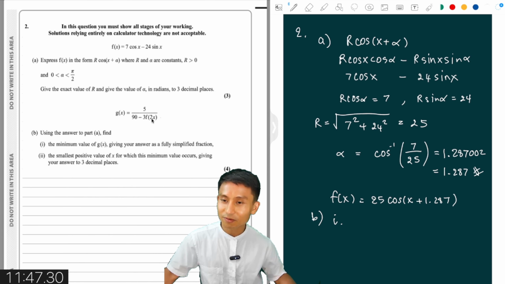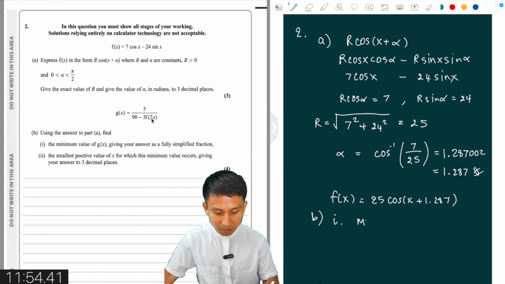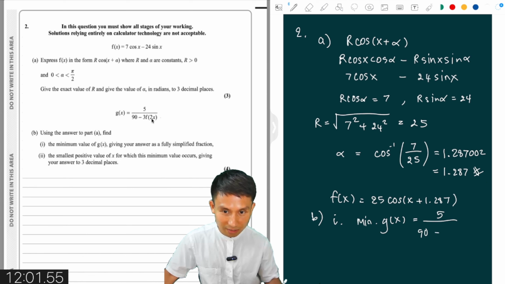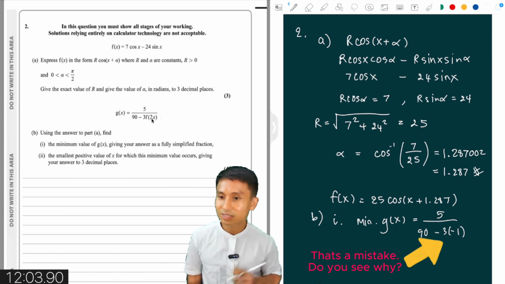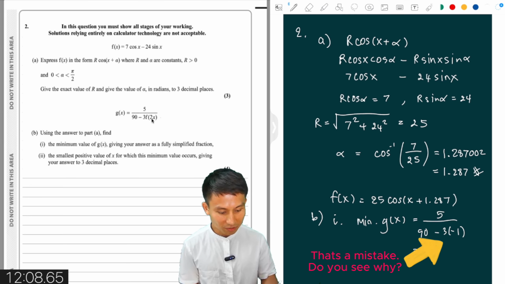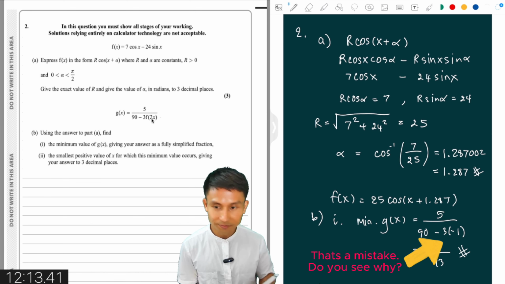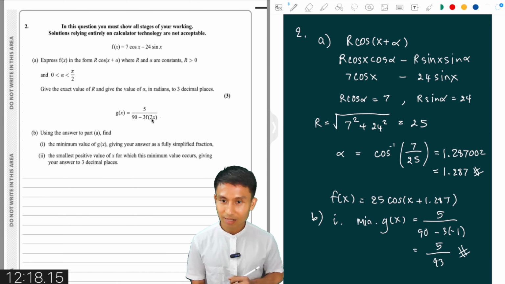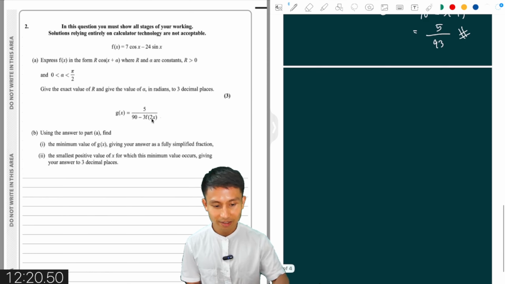The minimum of any cos or sine function is -1. So minimum g(x) would be 5 over 90 minus 3 times -1, because that is the way you make the denominator maximum. So that is 5 over 93, fully simplified fraction. That's my bi.